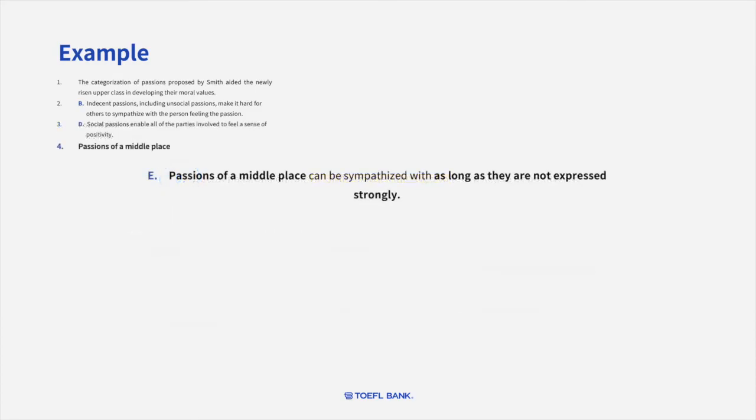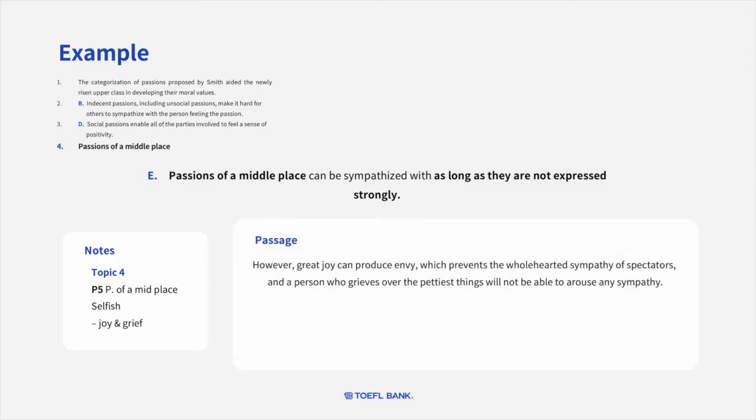Passions of a middle place can be sympathized with as long as they are not expressed strongly. E is about subtopic 4, passions of a middle place. Let's take a look at the fifth paragraph. However, great joy can produce envy, which prevents the wholehearted sympathy of spectators, and a person who grieves over the pettiest things will not be able to arouse any sympathy.